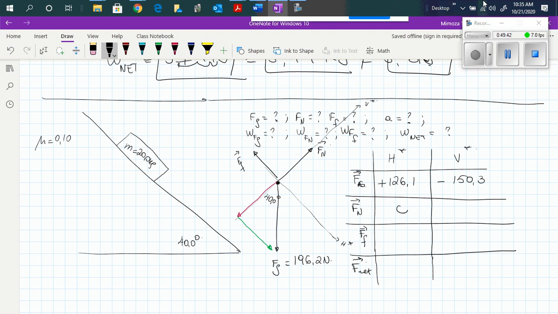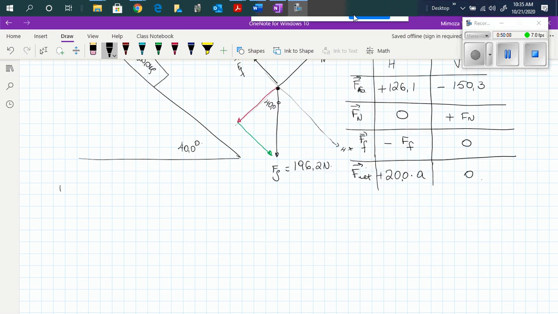The horizontal force normal is 0. The vertical is positive force normal. Force of friction on the horizontal is negative force of friction. The vertical is 0. This will be positive 20 times acceleration, and here is 0. Is this clear?